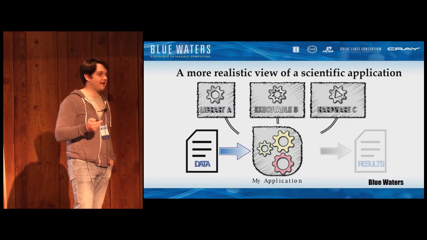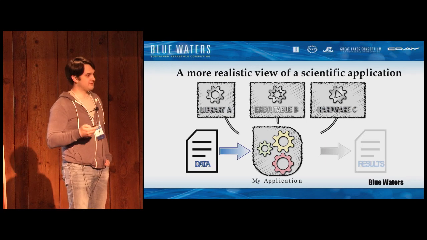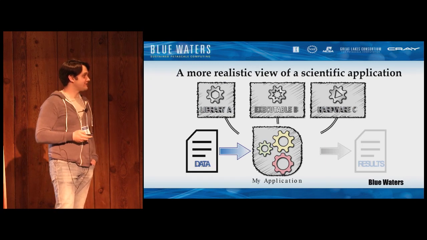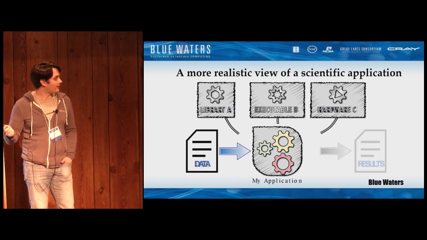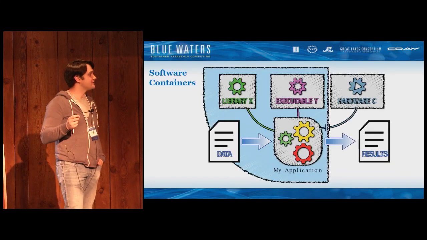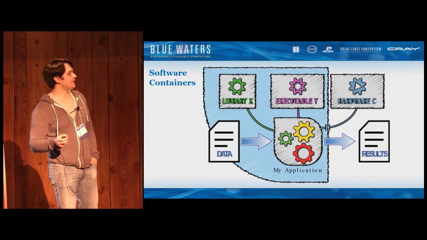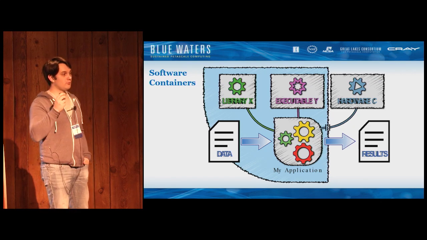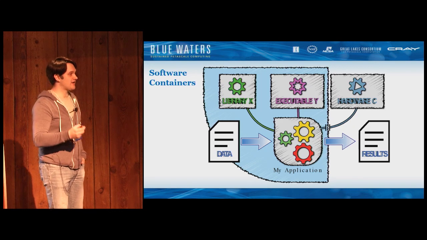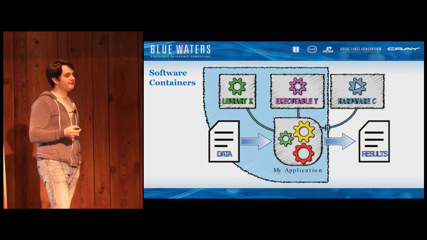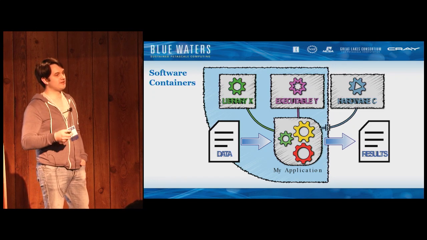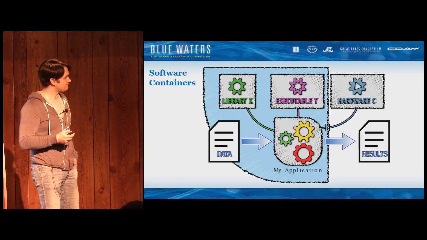Software containers were created specifically for that purpose. The idea behind software containers is that they bring the software that your application depends on with your application. So essentially, if you have your application in a software container, it has all the dependencies that it needs.